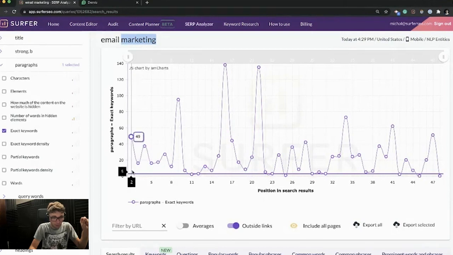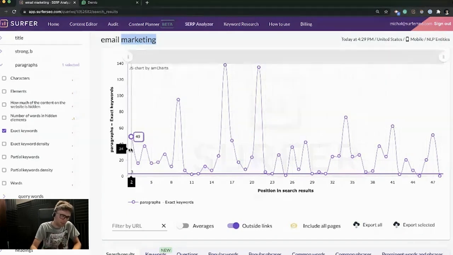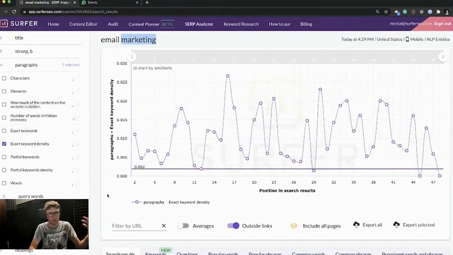But in our case, we have only 3. You see this little number here? It says 3 times email marketing in paragraphs. And when we compare ourselves to position number 1 that has 49 times, it's more than 10 times. It's almost 20 times more frequently used keyword. Let's take a look at the density because that will make more sense. But in general, we have too low density too.